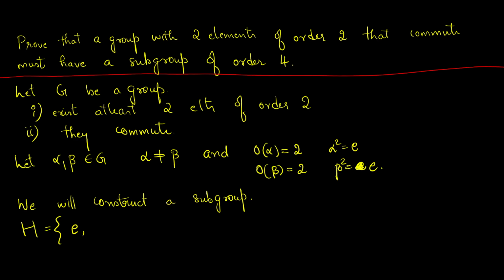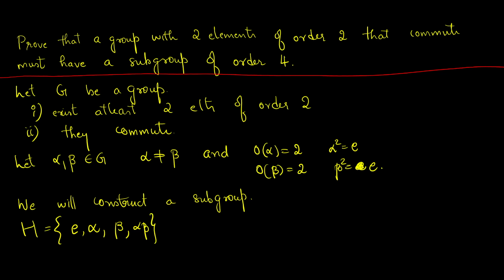We are considering a subset H of G. In that we will put some elements from G, and then we will show that it is a subgroup and it is of order 4. Since it is a subgroup, definitely the identity element should be there. Now we will put in alpha, we will also put in beta. Now we should also consider their product, alpha beta, so it should also be there.